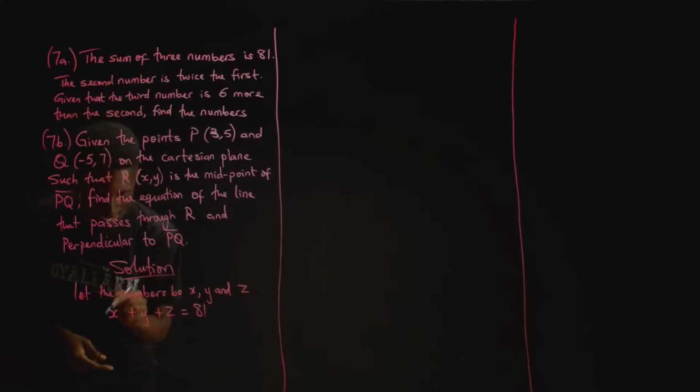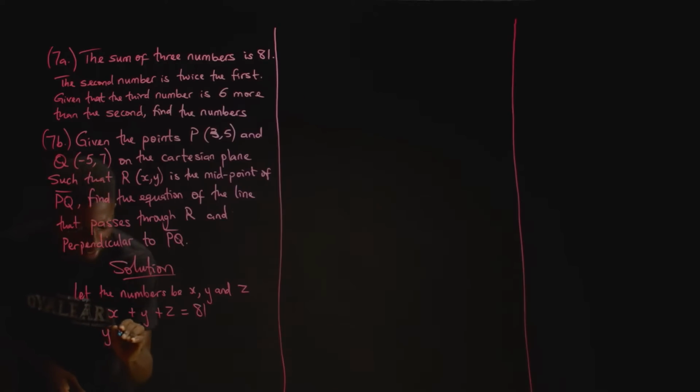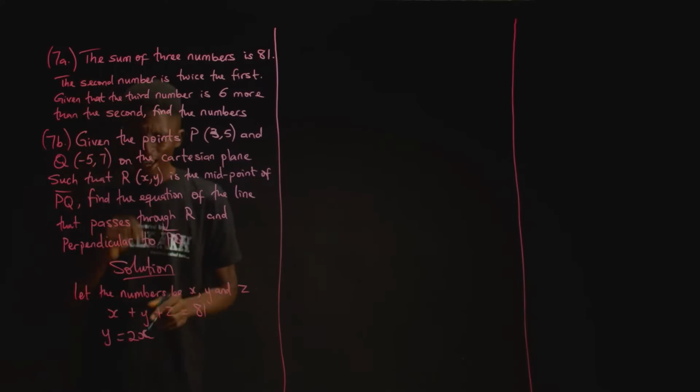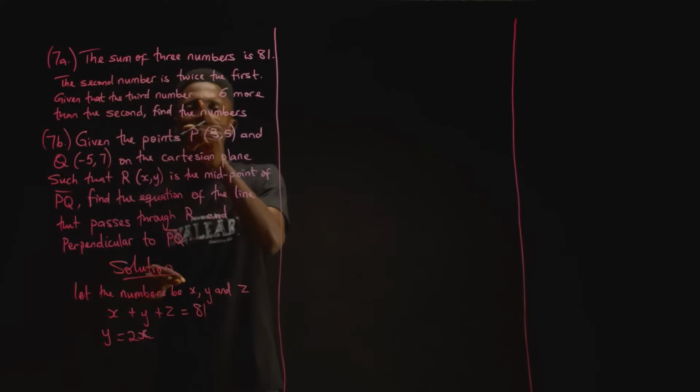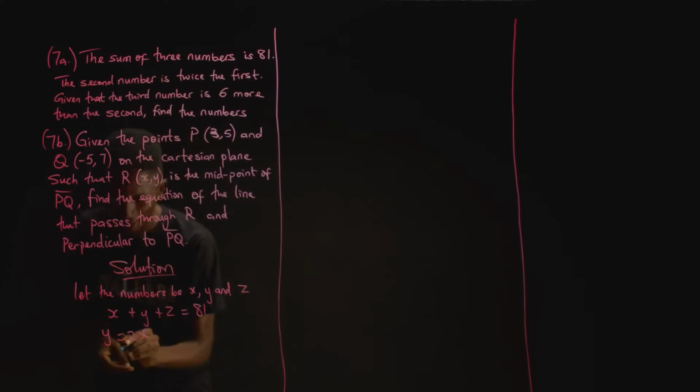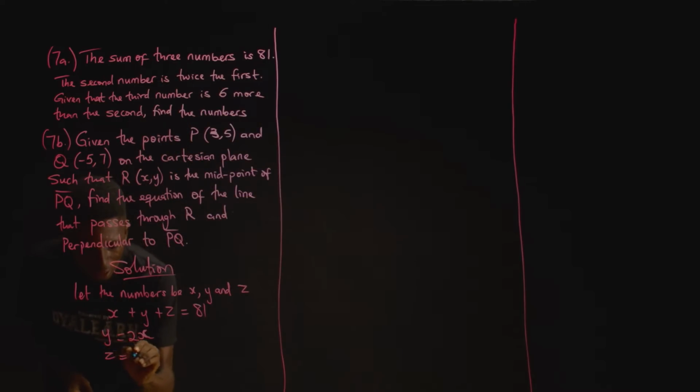And the second number here is y. Y equals 2x. Right? And then it goes on to tell us about the third number. It says given that the third number is 6 more than the second, that is the third number, which is z, equals y plus 6.